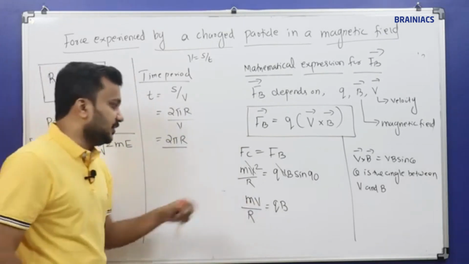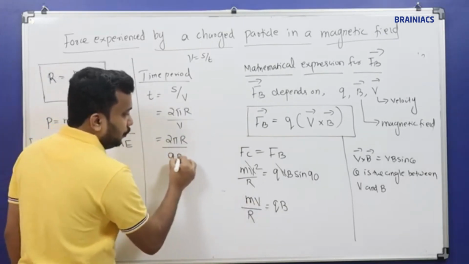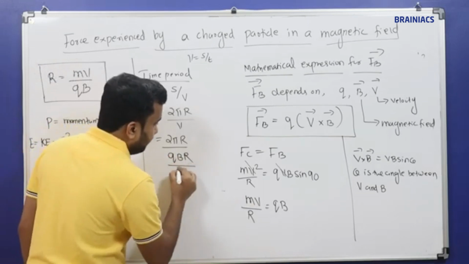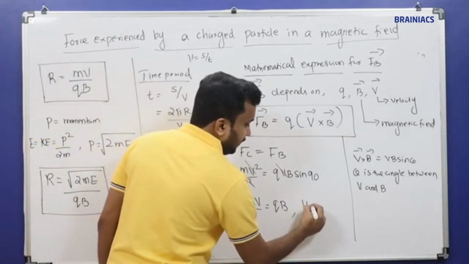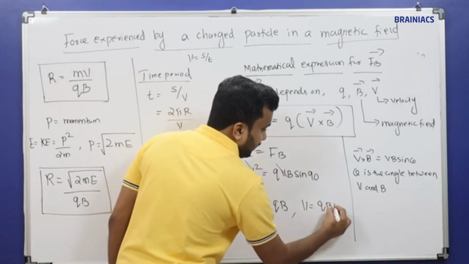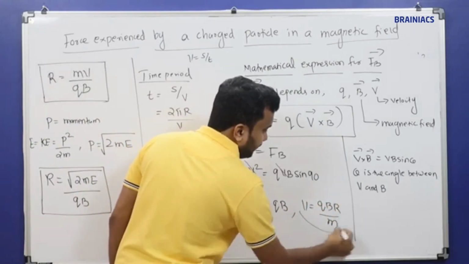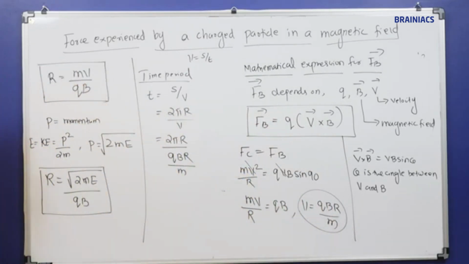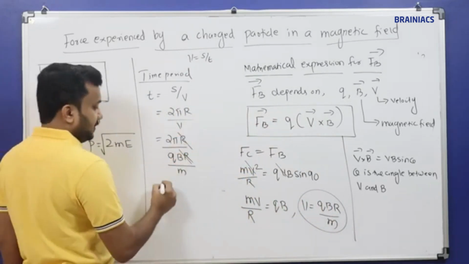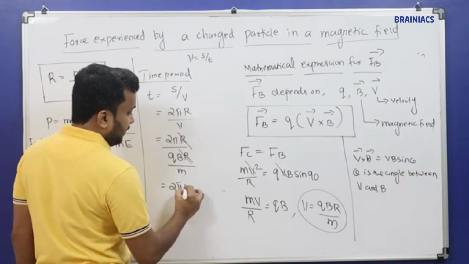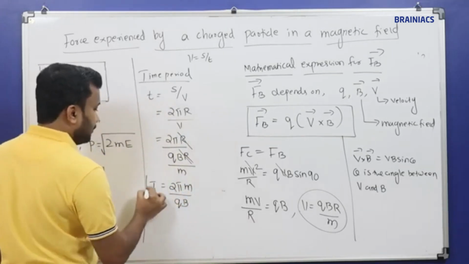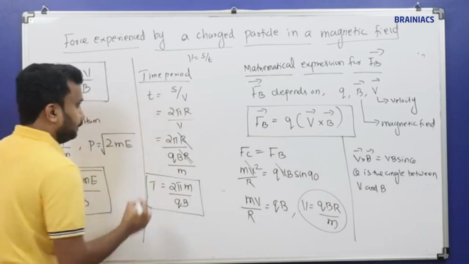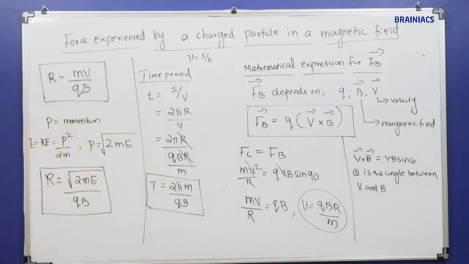What is v from this equation? V is equal to qBr divided by m. Then r and r will get cancelled, and we got 2 pi m divided by qB. This is the expression for time period.